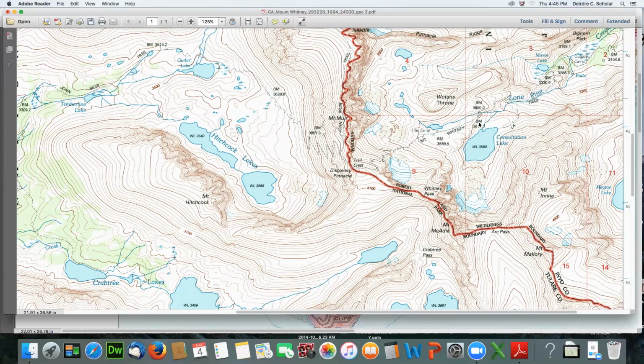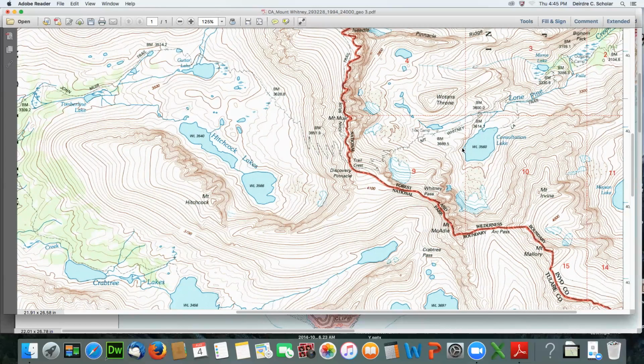But what we can do is use these benchmarks over here to determine the elevation of this index contour. You see this dark index contour here? It's very, very close to this benchmark of 3,600 meters. And it's also very close to this benchmark of 3,614 meters.